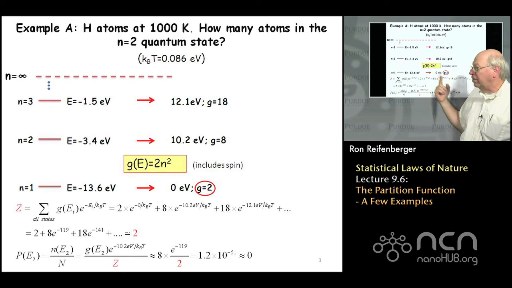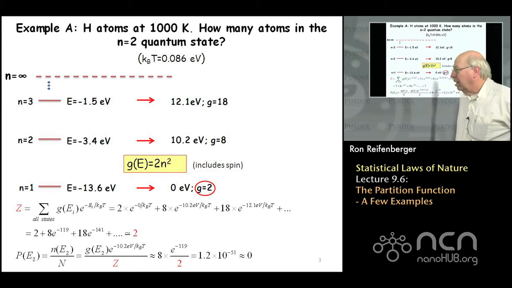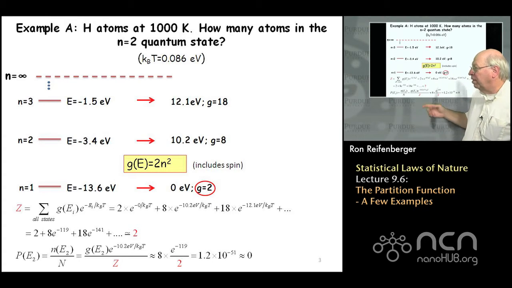In this calculation, I'm explicitly including the spins. As you probably gathered from the previous lecture, all these calculations start with an evaluation of this function called the partition function. It's just the product of the degeneracy times the Boltzmann factor for each energy state, and you have to sum over all states.